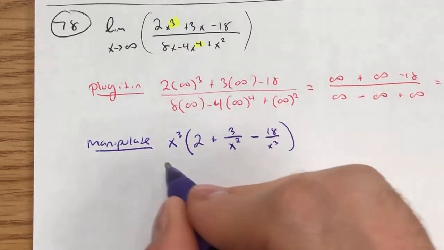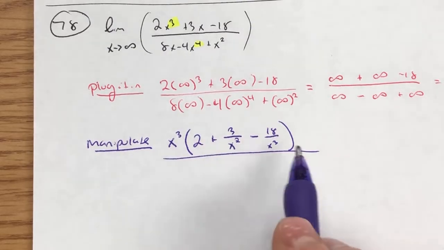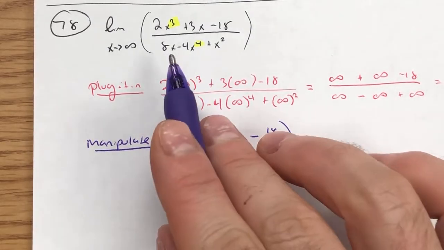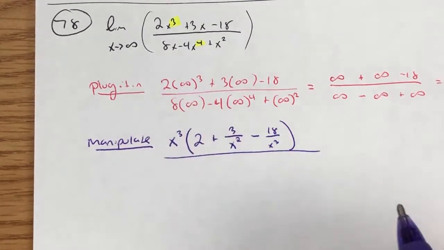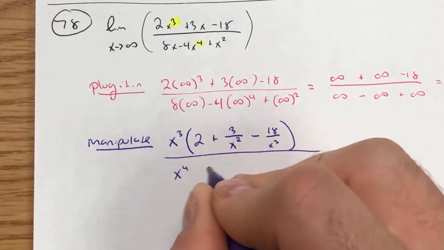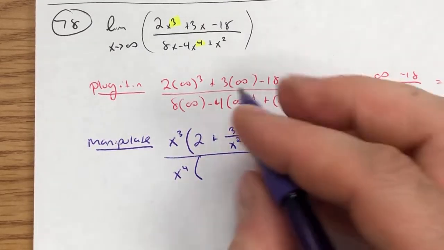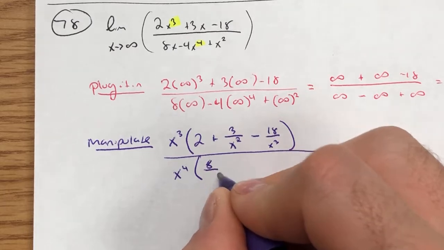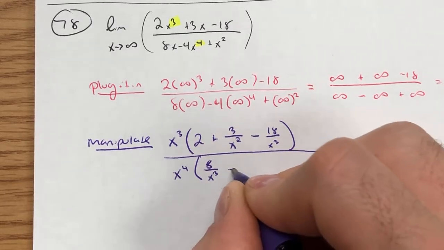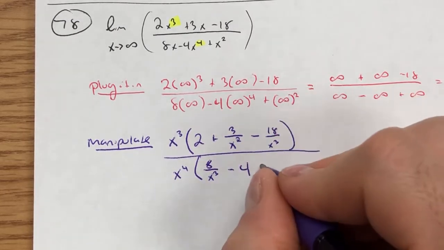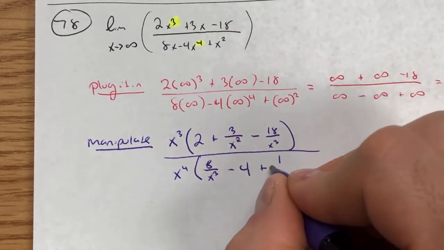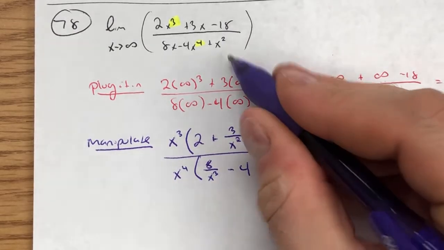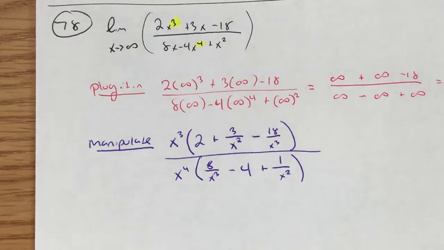I'm still going to pull it out, even though I technically don't have enough room for it. On the bottom, I'm going to pull an x to the 4th out of all 3 of these. I'm going to have the 8. I need 3 more x's right here. The 4 is okay. This is going to be a 1 over x squared because I pulled out 2 of them, but I still needed 2 more.